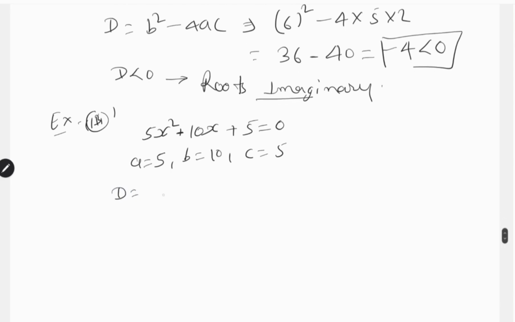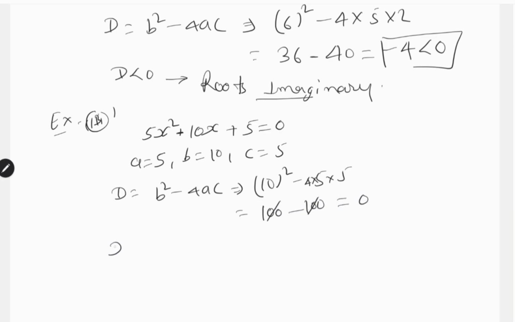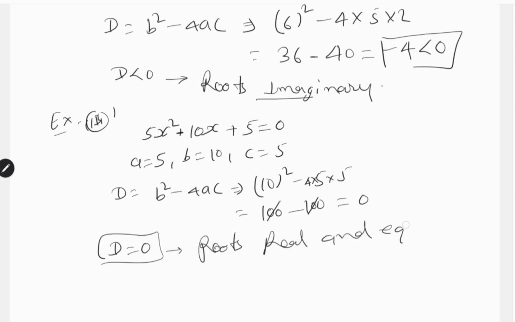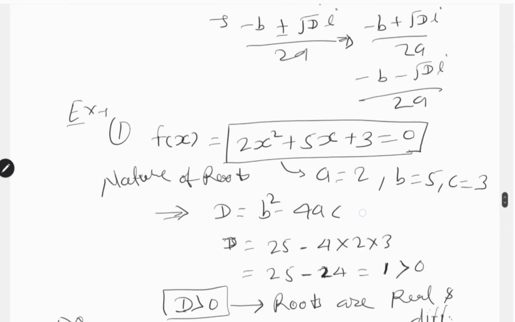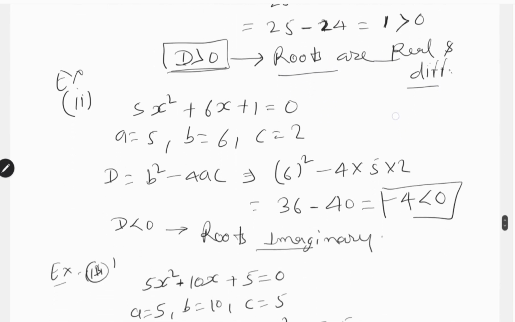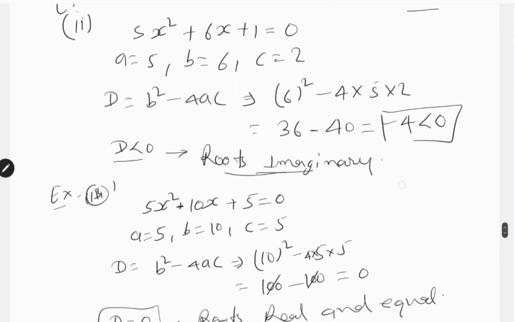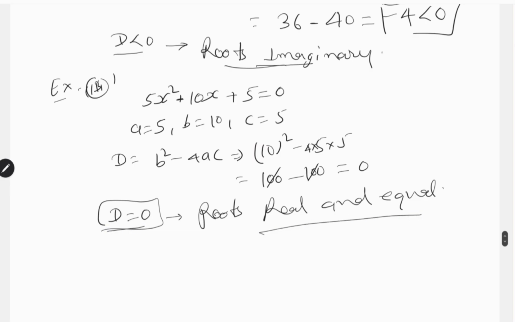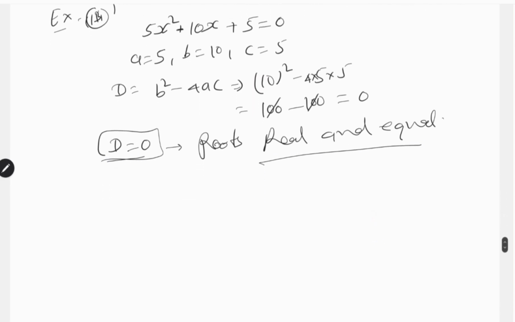D = b² - 4ac = 10² - 4 × 5 × 5, which is 0. So D equals 0, and if D equals 0, then the roots are real and equal. To summarize: if D is greater than 0, the roots are real and different; if D is less than 0, the roots are imaginary; and if D equals 0, the roots are real and equal.